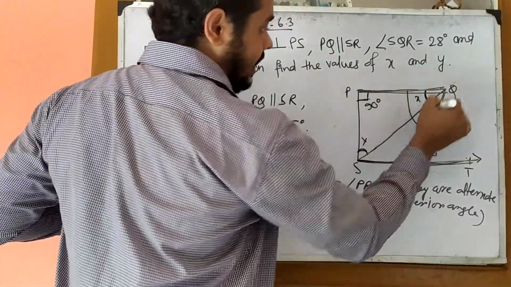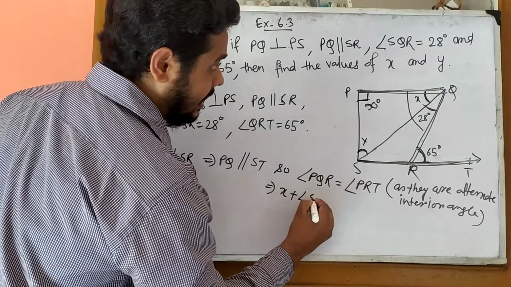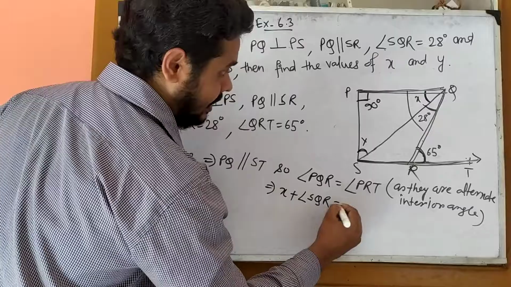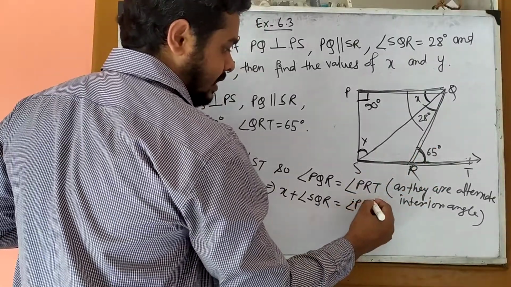Now angle PQR equals x plus angle SQR, which equals the value of PRT.